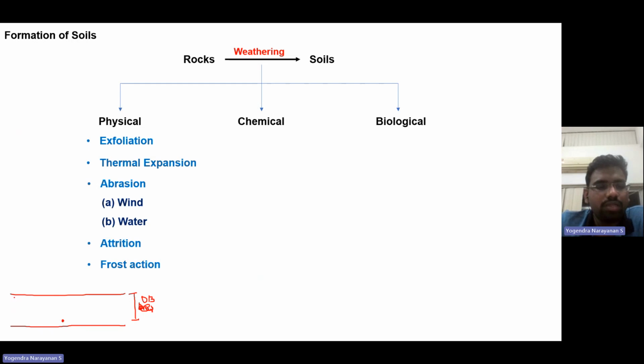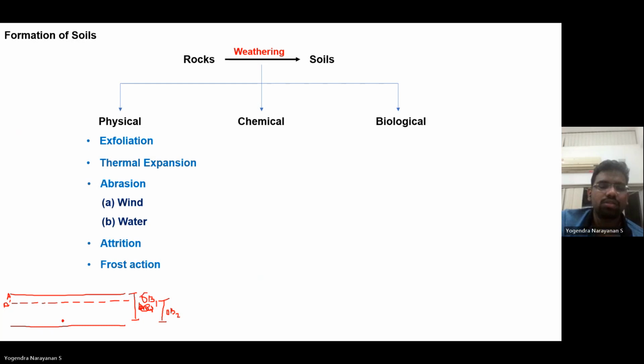So when this layer, let us mark it by A, is getting eroded, it results in a layer A dash, after some time, where the portion A dash has been completely removed from its position. Hence now the stresses acting will be, let us say, overburden 1 and this is overburden 2.